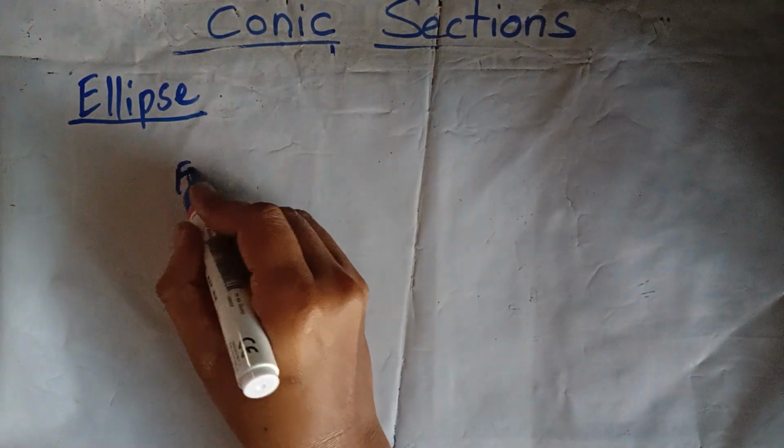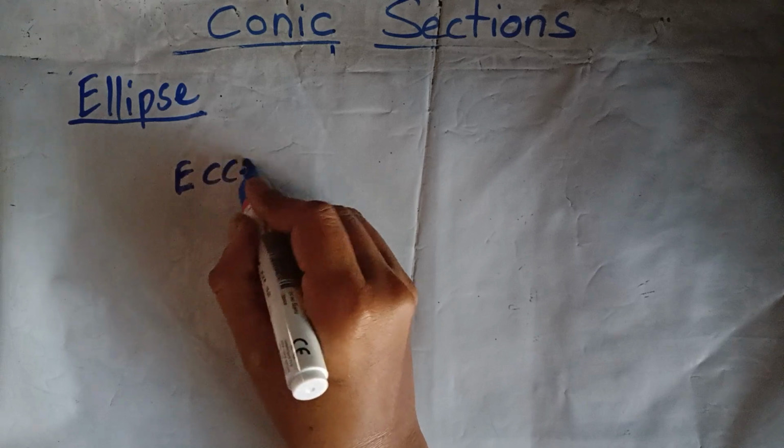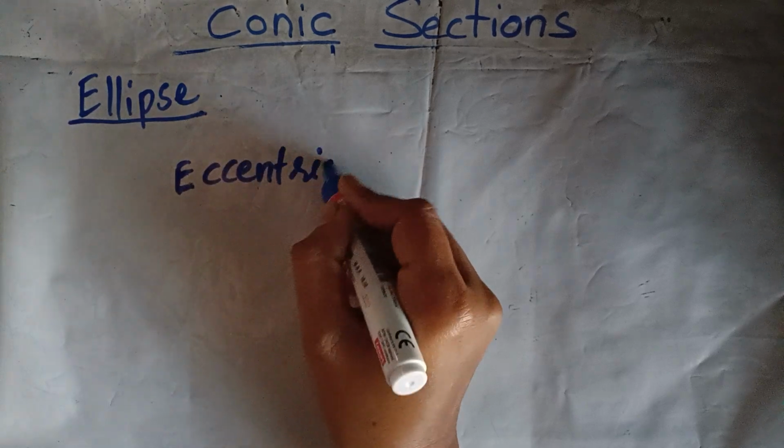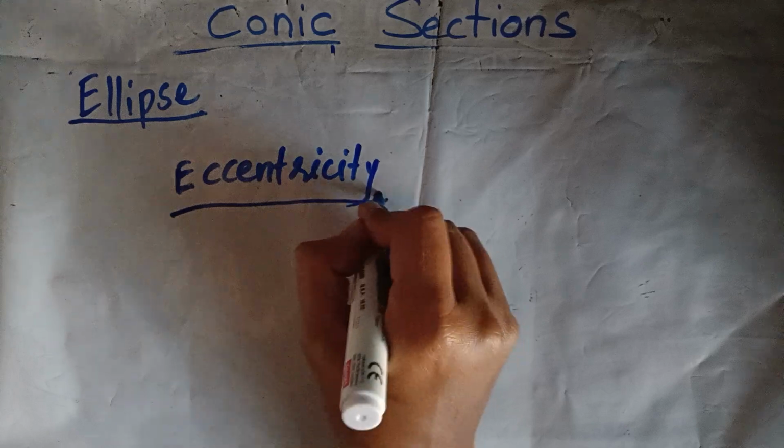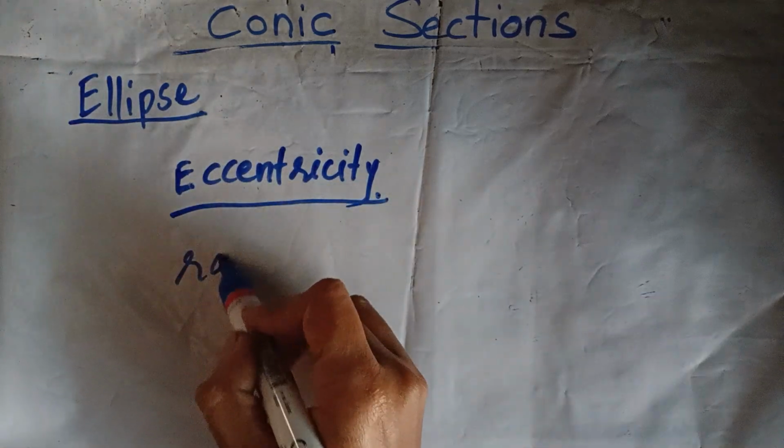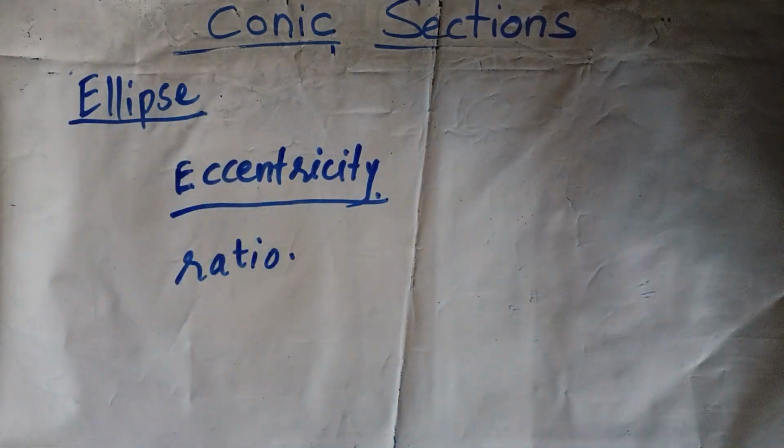Next we have eccentricity. This is basically the ratio of the distances from the center of the ellipse to one of the foci and to the vertices of the ellipse.